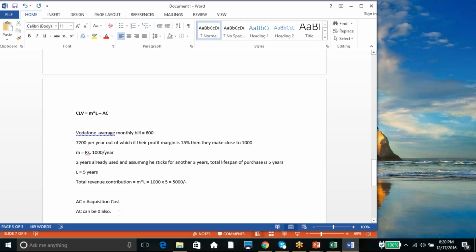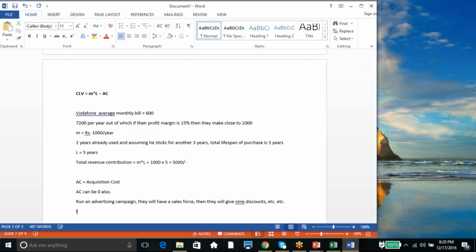But generally, suppose a new player has to come, they will run an advertising campaign and they will have a sales force, then they will give some discounts, etc. So all the costs put together, let's say total cost came to 10 lakhs and the number of customers who actually converted were 1,000.